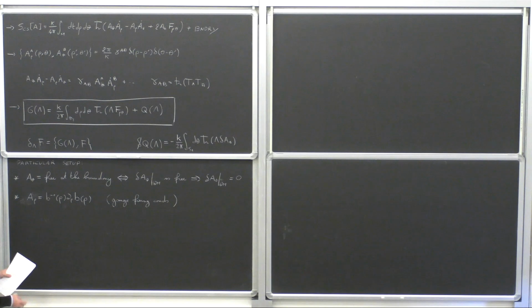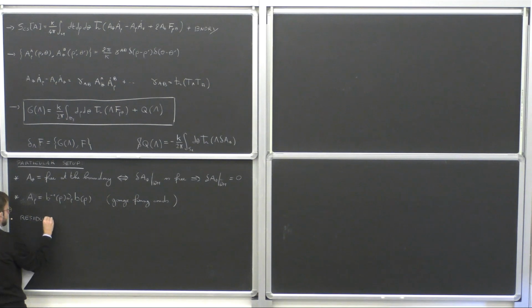And okay, so that sets the setup, and now let's look at the residual symmetries. And I'm calling them residual symmetries here because I haven't proven yet to you that they are asymptotic symmetries. So what I'm just doing is looking at what are the residual symmetries of my particular gauge choice.